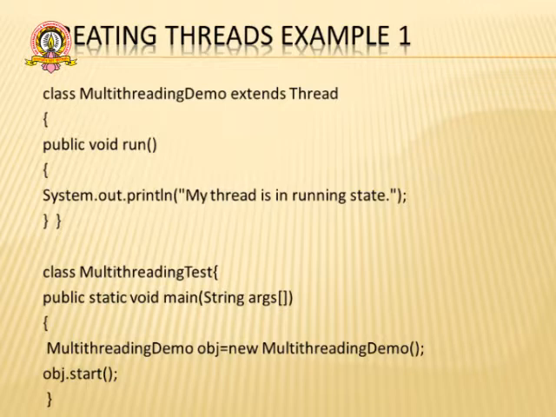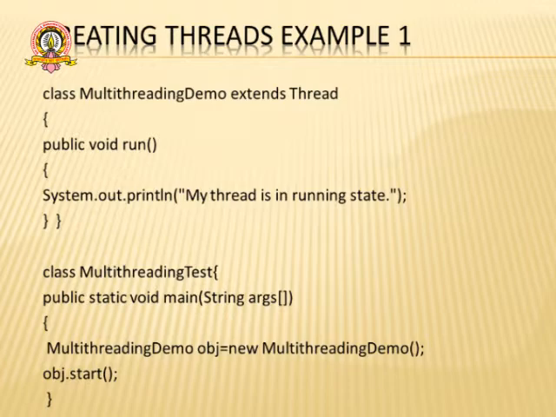Next, I create one more class, the main method class. In the main method, I create the object of MultiThreadingDemo, the class which I defined earlier, and using that object I call the start method.